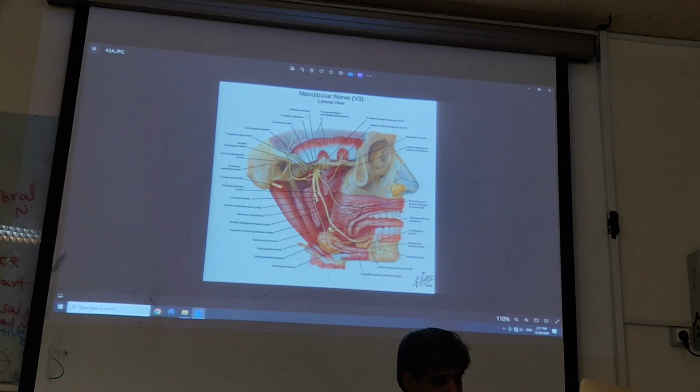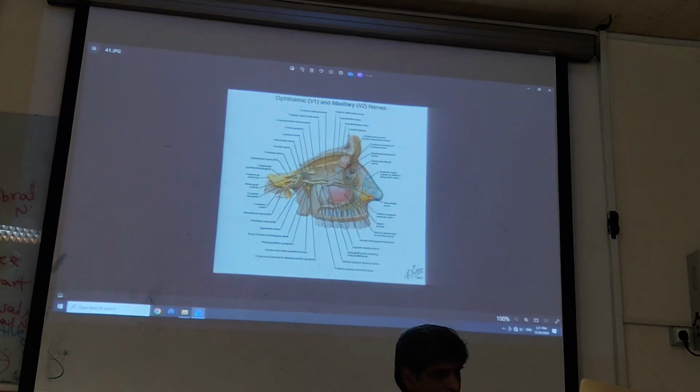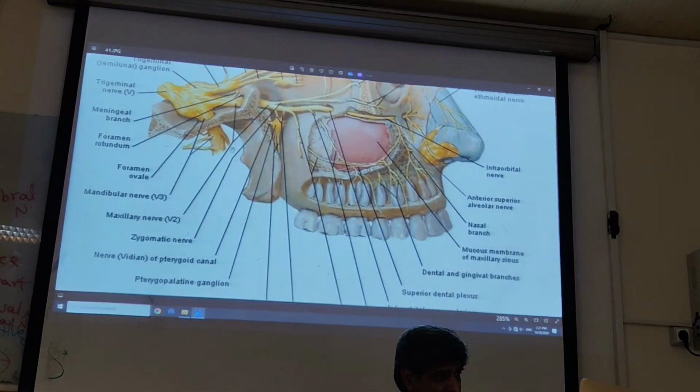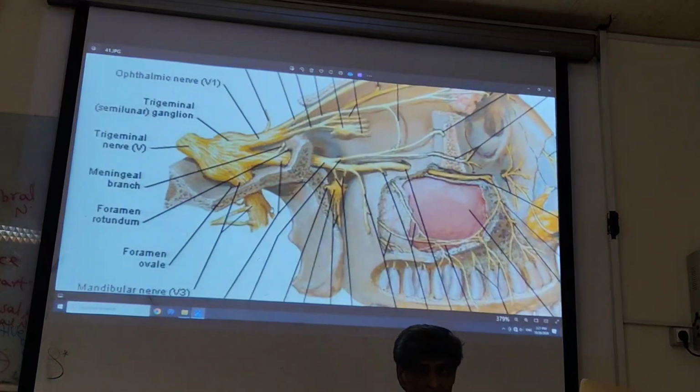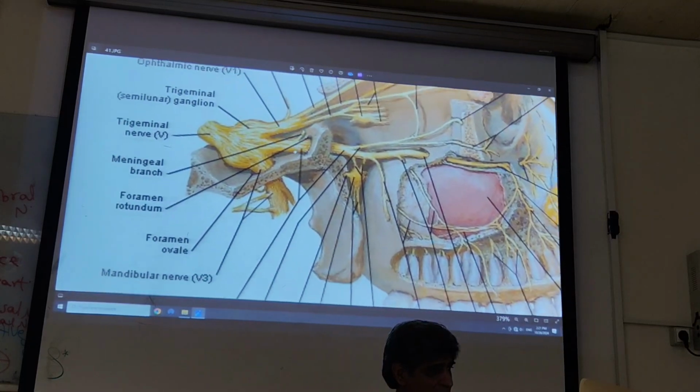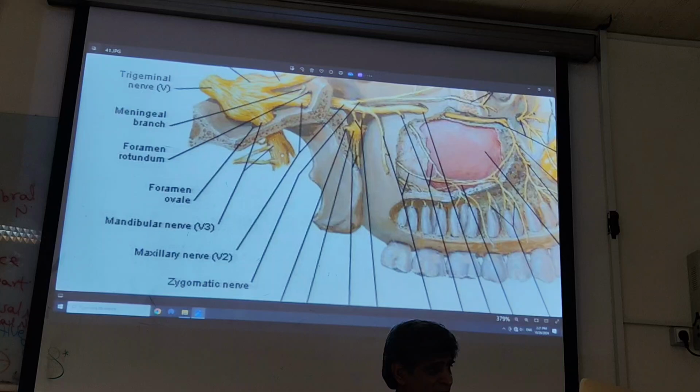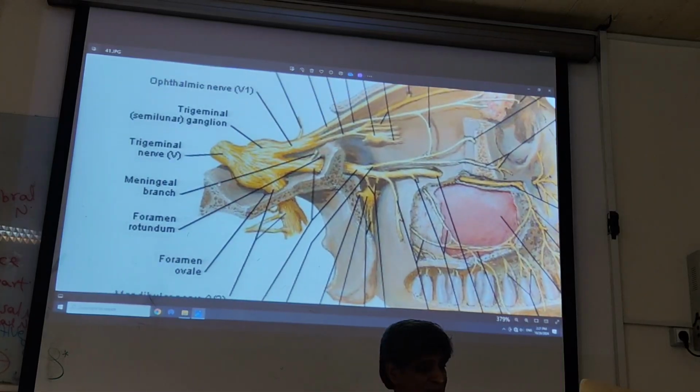And another nerve, maxillary nerve. Maxillary nerve, V2, second branch from trigeminal, contains 4 parts. This part, cerebral, has just one single branch, the meningeal branch, originating from the cerebral part.